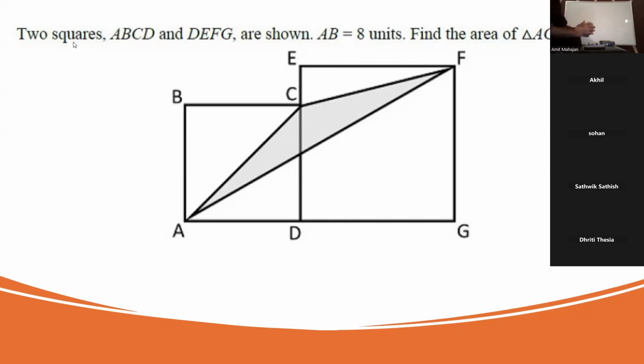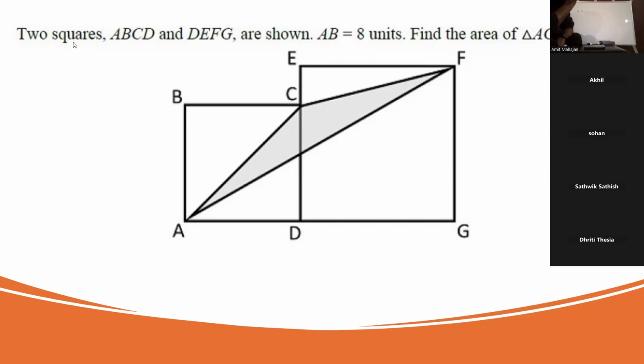Okay. All right. Let's use coordinate geometry. So we will say the starting point is A. So for A, can I say the coordinates will be 0 and 0? Yeah. Satvik, excellent. A is 0, 0.